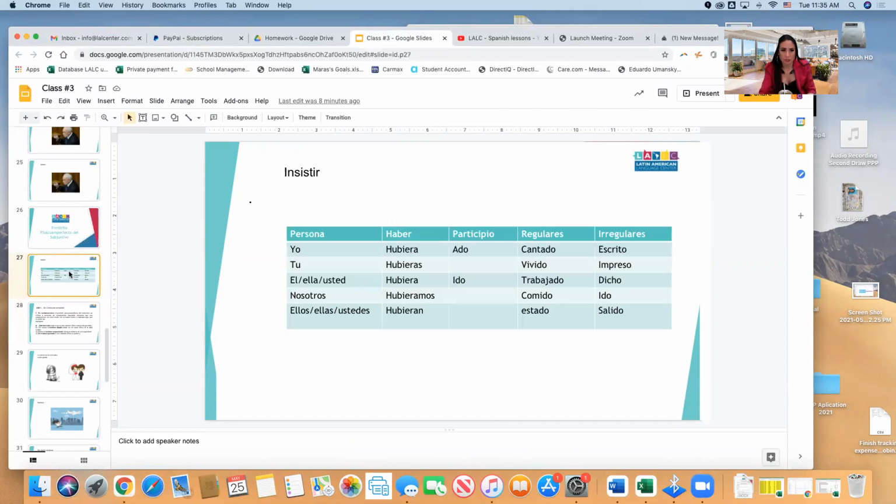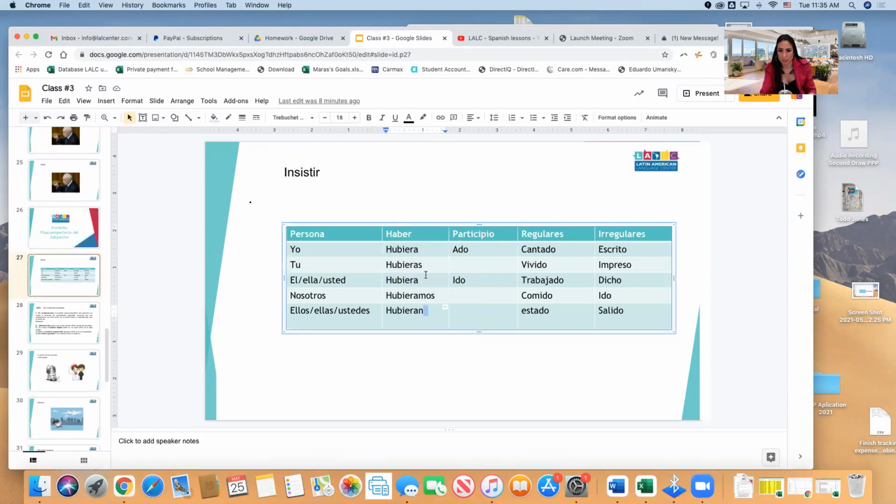Okay, let's start. As you can see, it's hubiera, hubieras, hubiera, hubiéramos, hubieran, plus the participio. The regulars: cantado. If it ends in AR, remember it's ado, and if it ends in ER, it's ido. And then you have the irregular ones: escrito, impreso, dicho, ido, salido.